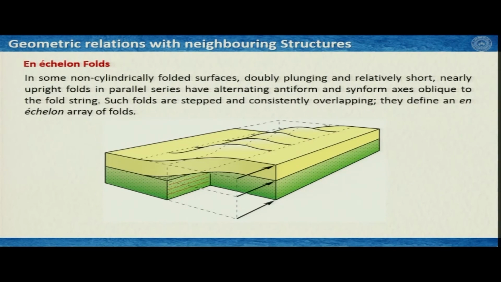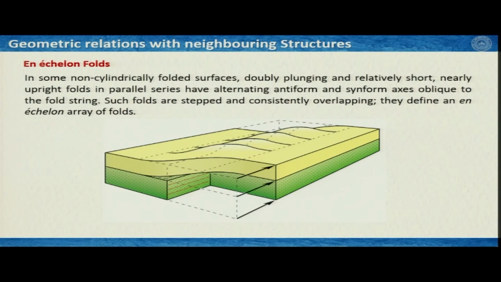Now, then there is another type of folds which is known as en échelle fold or en échelon fold. This is a French word, I do not know how to pronounce it properly, but most likely en échelle fold. So, it is a very special type of folds in some non-cylindrically folded surfaces, or doubly plunging and relatively short, nearly upright folds.